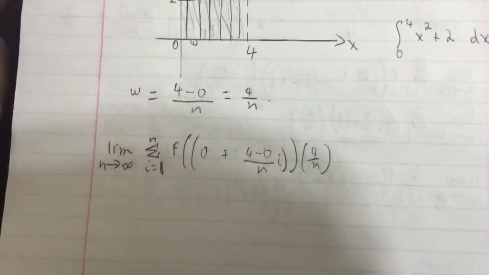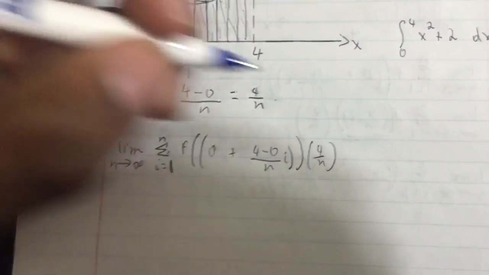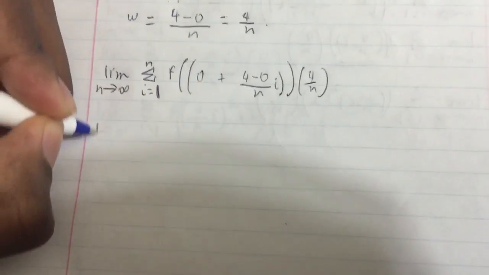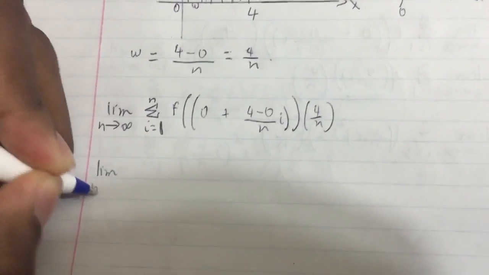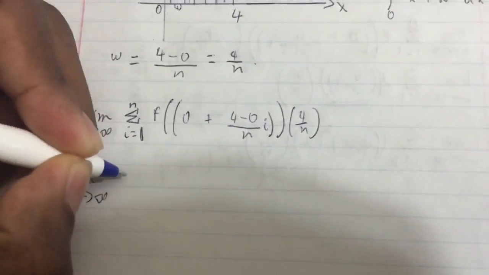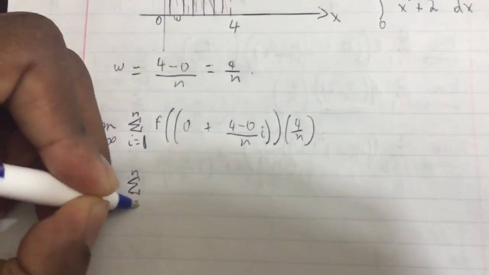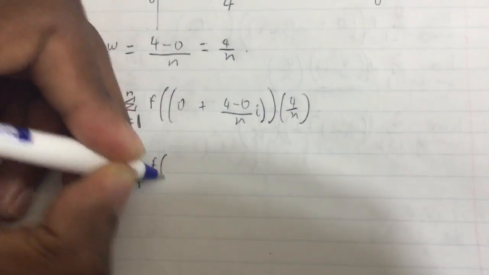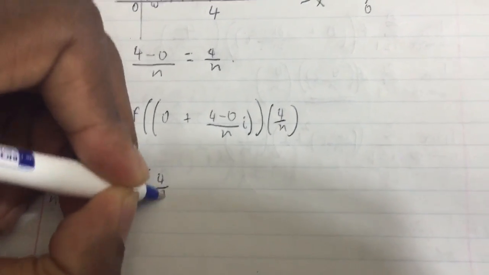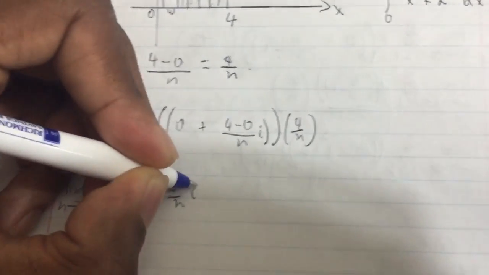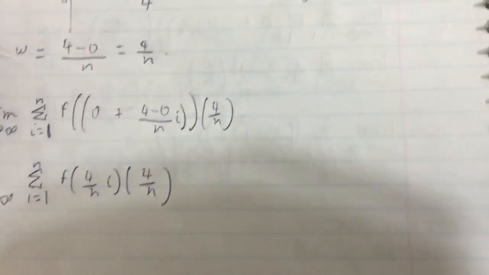Well, 4 minus 0 over n is just 4 over n. Let me rewrite this for you guys. It is the limit as n approaches infinity of the sum from i equals 1 to n of f of 4 over n times i, times 4 over n.